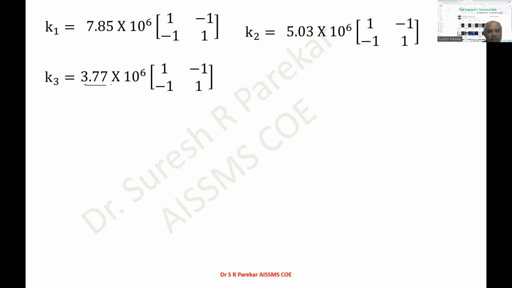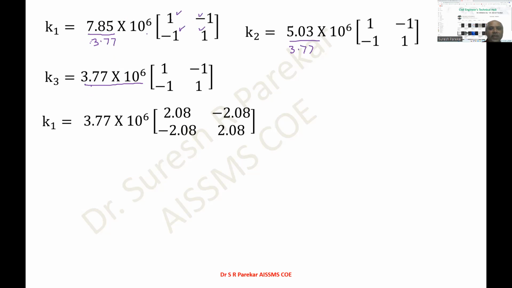Now minimum we have 3.77 into 10 raised to 6. So this we will keep outside, and then remaining values we will take inside. Means we have to divide these by 3.77, and whatever value we get, we take that value inside. Means we have to multiply these elements with that value. So for K1 I will get this value as 2.08.